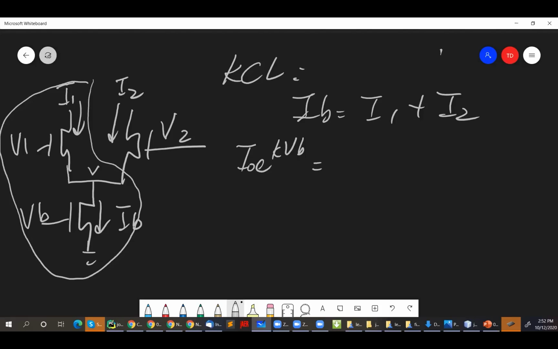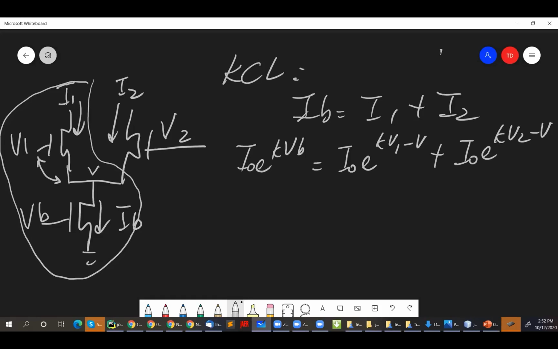And then we're going to give this a special letter V because we need to compute VGS, which is here. And so that means this is I naught e to the kappa (V1 minus V) plus I naught e to the kappa (V2 minus V). Again, these are all the same size transistors, everything. Okay.